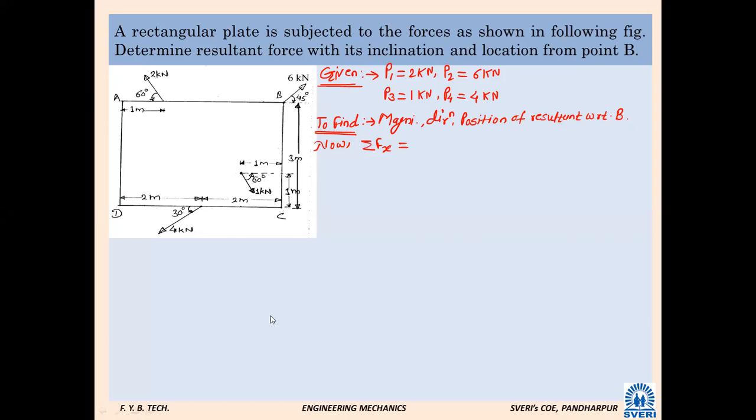Exactly 3.11. Mine is also 3.12. 3.11 or 3.12, okay, we can understand a small difference, don't worry. Yes, exactly, sir. Okay, we will consider 3.12. Then maybe my answer may be something wrong.